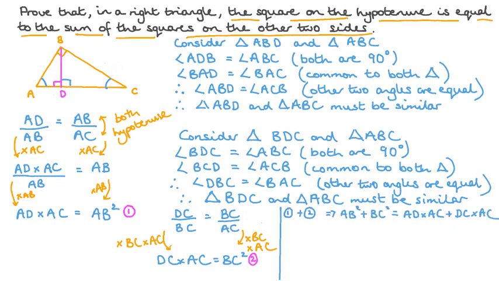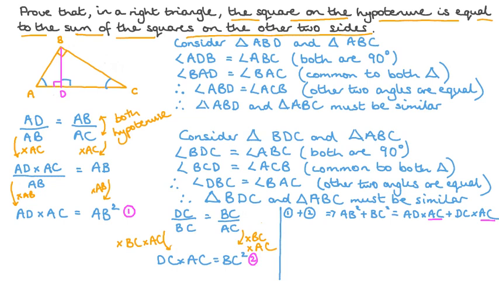So therefore when we add them, we're going to get AB squared plus BC squared is equal to AD multiplied by AC plus DC multiplied by AC. And on inspection, what we notice is that on the right hand side of our equation we have a shared factor, and that is AC, because there's an AC multiplied by AD and there's an AC multiplied by DC.